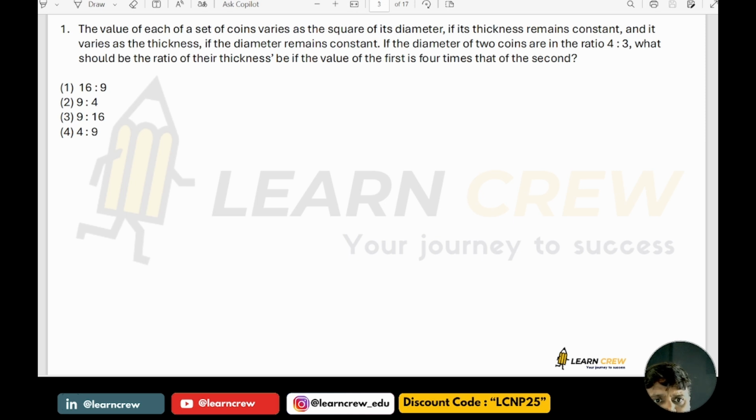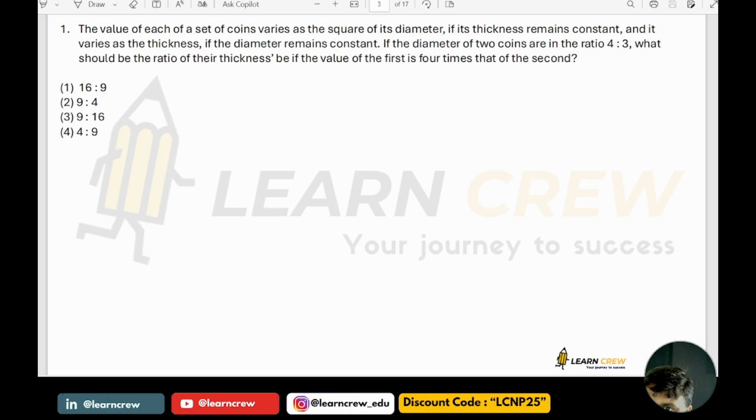The value of each of a set of coins varies as the square of its diameter if its thickness remains constant, and varies as the thickness if the diameter remains constant.